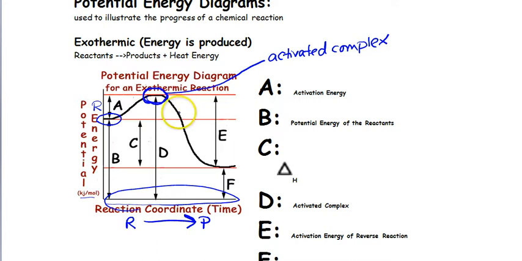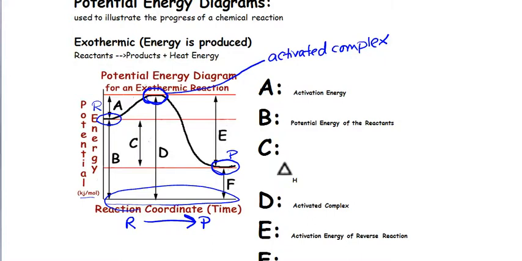And then it's going to slow down, or as the reaction keeps going, you have a lot of stuff going on here, it's going to move down and then end into your products. So this here is the energy then that your products have. And so if you were to subtract that, you end up then with a negative delta H, because it's negative, meaning that you have energy that is being released. Okay, so let's go through all of the parts here.